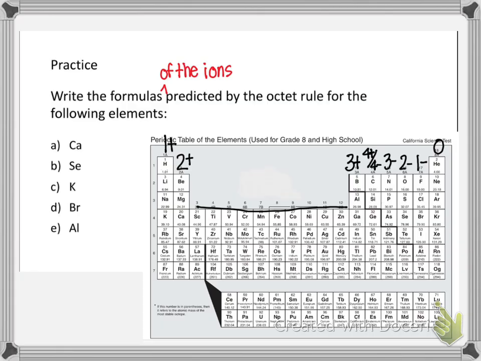Remember the periodic trend, which is that elements in the same group have similar chemical properties. It's all based on their valence electrons. Elements in the same group have the same valence electrons, and that's why they have similar chemical properties. So we're using these valence electrons to predict a lot, including the charges.